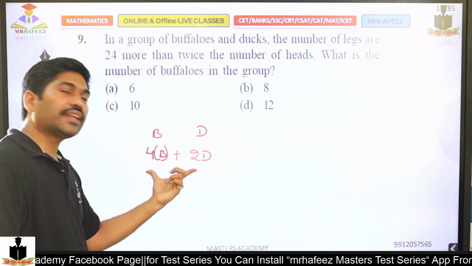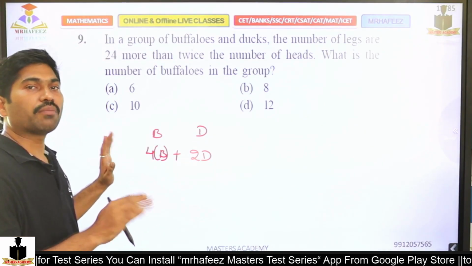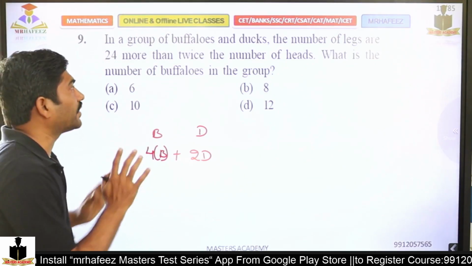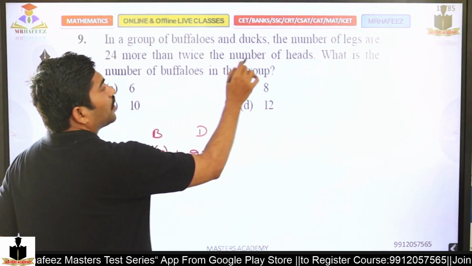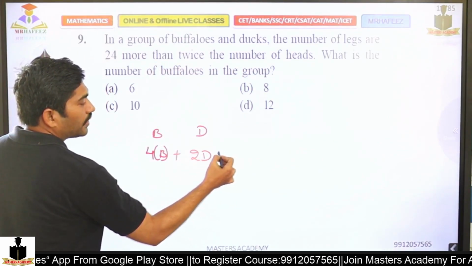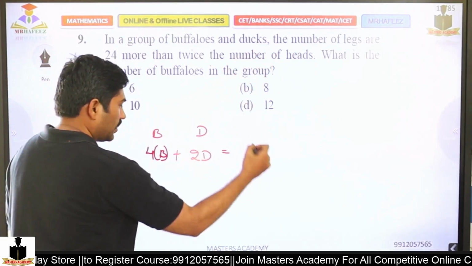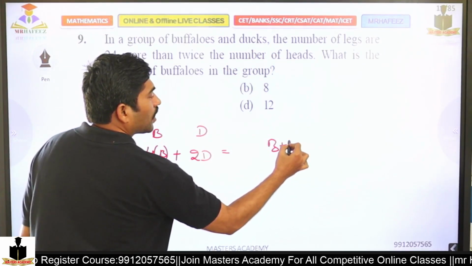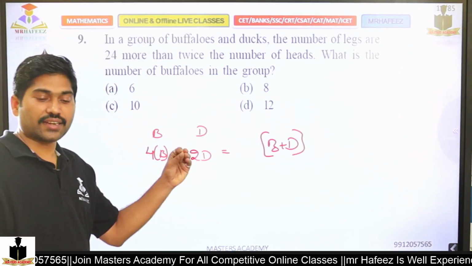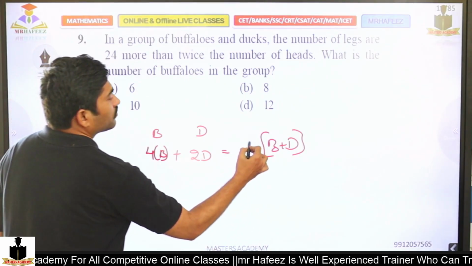So in total, all these are legs only. Buffaloes and ducks, all are legs. Number of legs are 24 more than twice the number of heads. Heads are B plus D. Number of buffaloes and number of ducks is the head count, and it is twice.